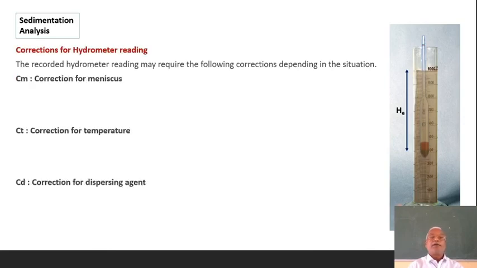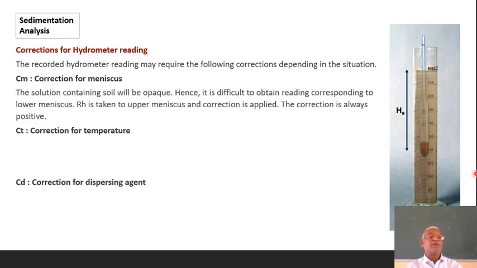Okay, here there are some corrections to be applied to the hydrometer reading. The recorded hydrometer reading may require the following corrections depending upon the situation. So what are the corrections? Cm, the correction for meniscus, Ct, the correction for temperature, Cd, the correction for dispersing agent.